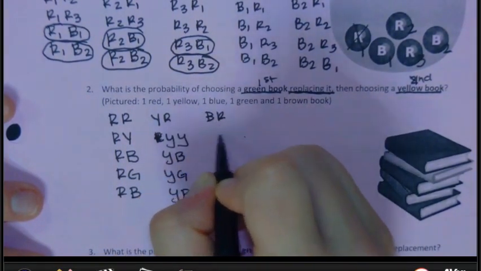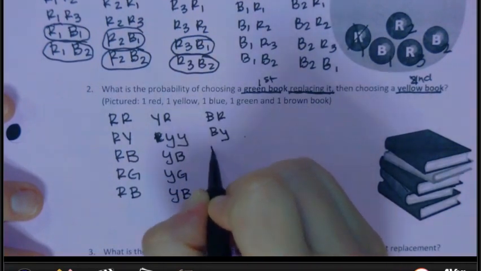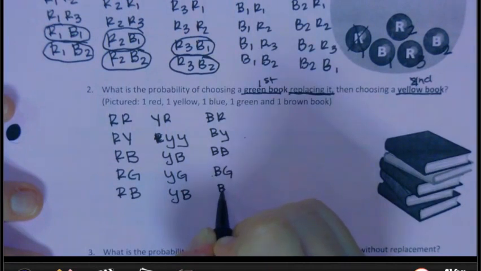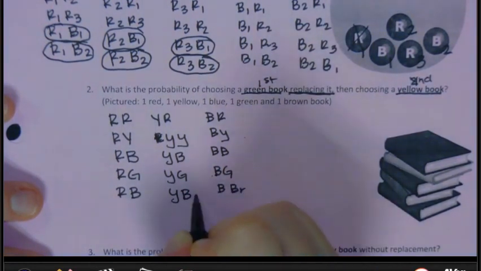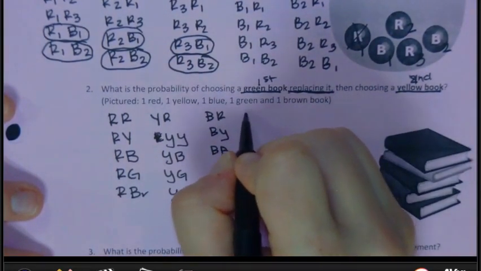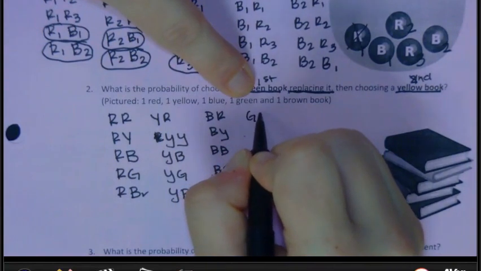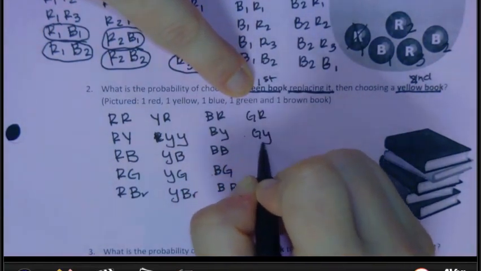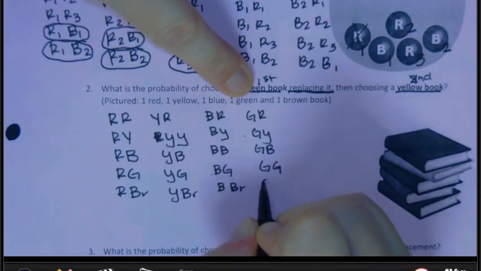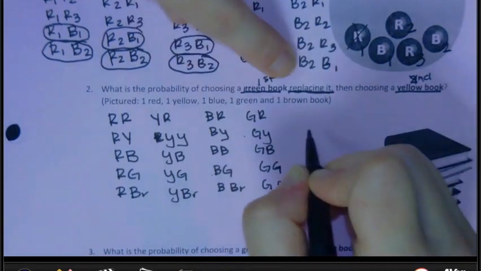You can get a blue, red, blue, yellow, blue, blue, blue, green, or a blue, brown. Okay, I forgot there was only one blue. Green, red, green, yellow, green, blue, green, green, or green, brown.